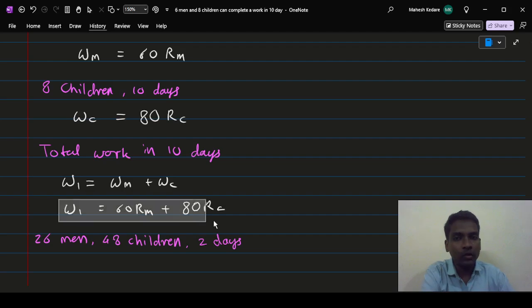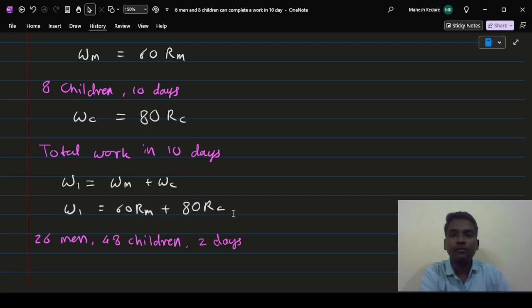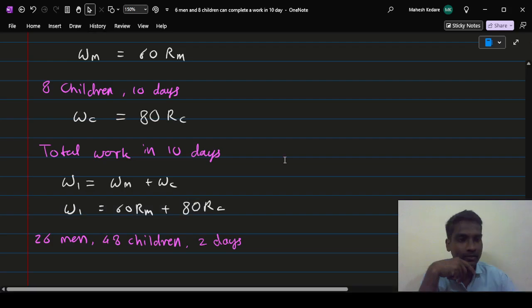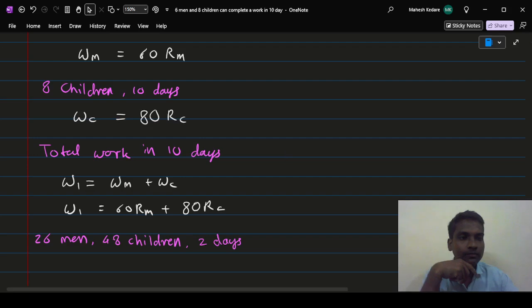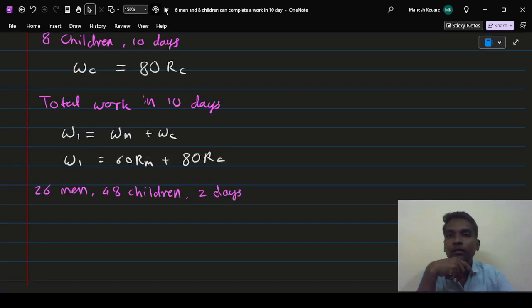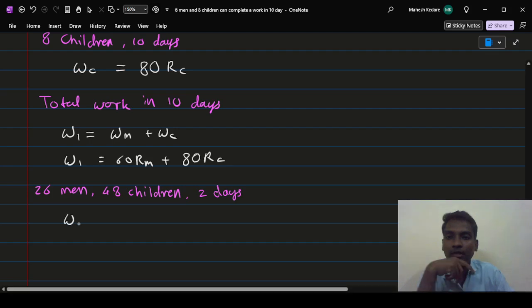We obtain a similar equation for 26 men and 48 children by using the same steps as before. So after following the same steps, we obtain the work done by 26 men and 48 children, which I denote by W2, as 52 Rm plus 96 Rc.